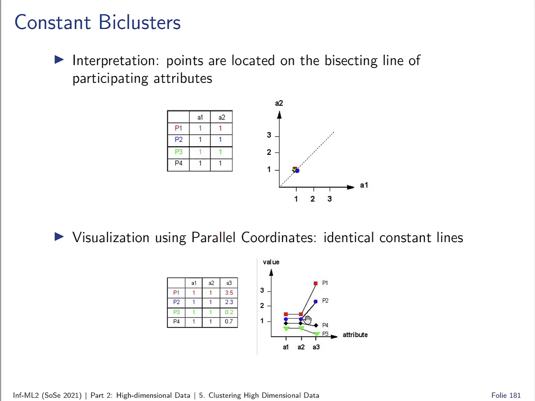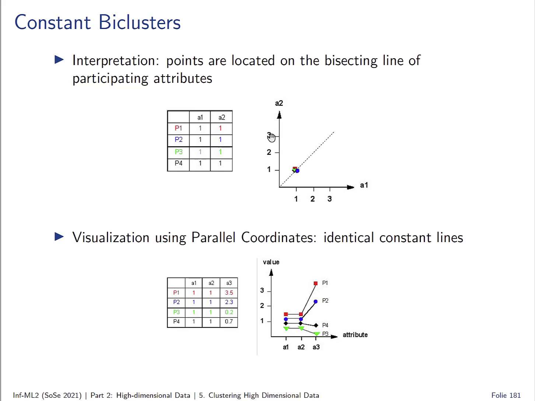Then when it comes to the non-relevant attribute, which is A3 here, the graphs split up in different directions. That is the basic visualization. So if you see something like this in your parallel coordinates, you can already say, okay, this is a constant bicluster pattern, which can even be identified visually by parallel coordinates.